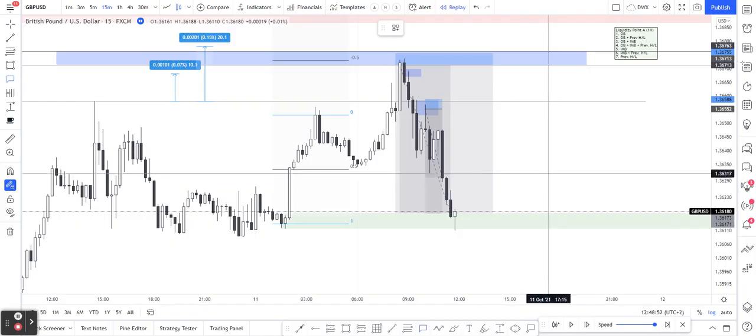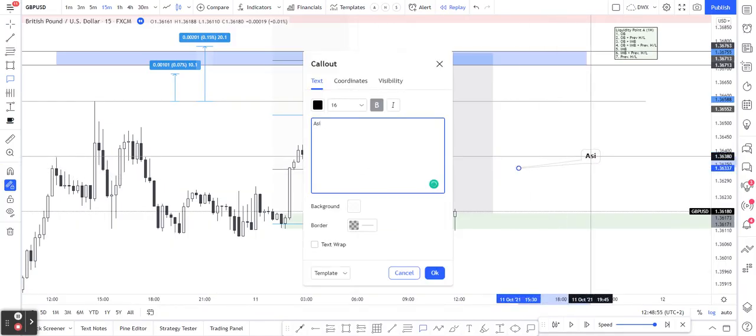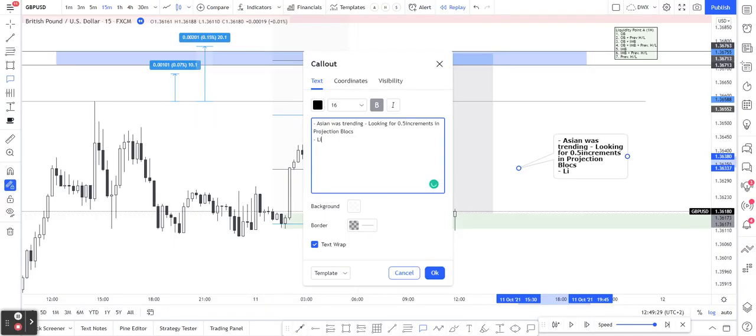Let's make some notes, quick notes. So the Asian session was trending, so looking for 0.5 increments in projection blocks. Then we also have the liquidity zone.